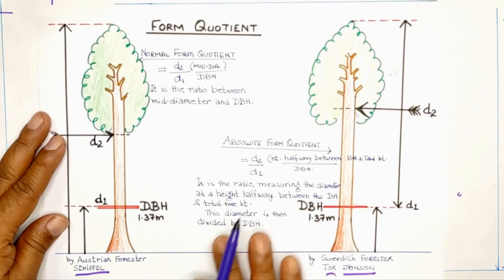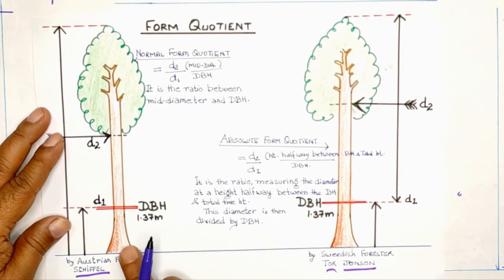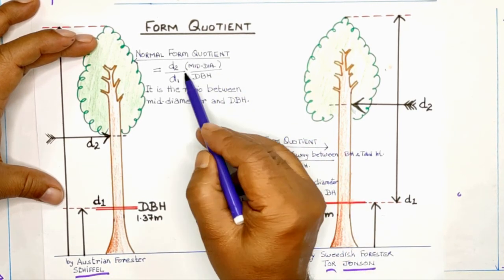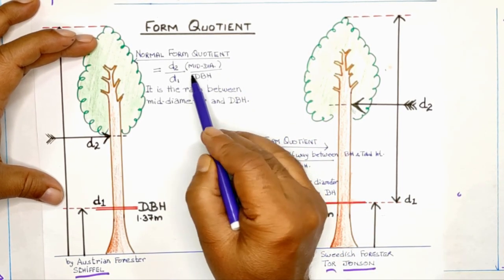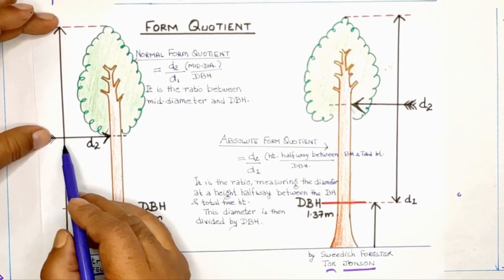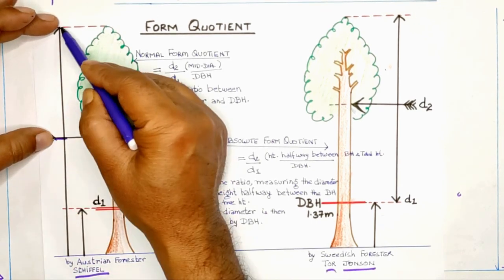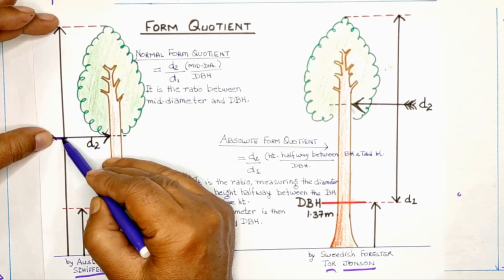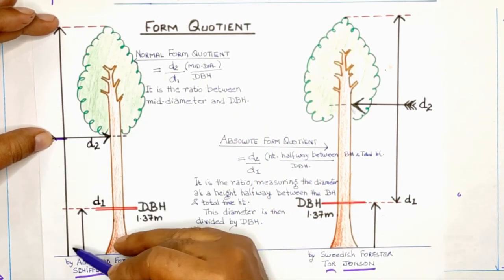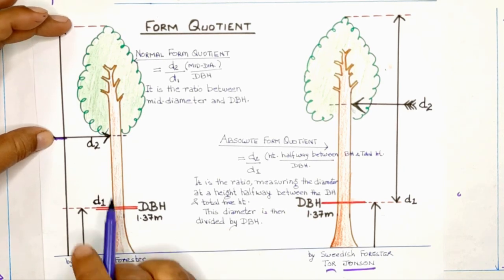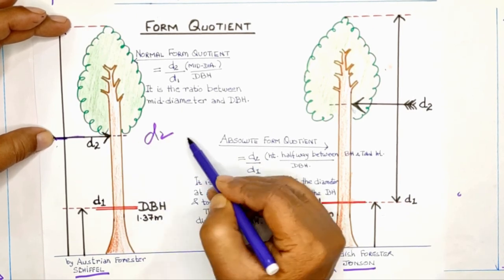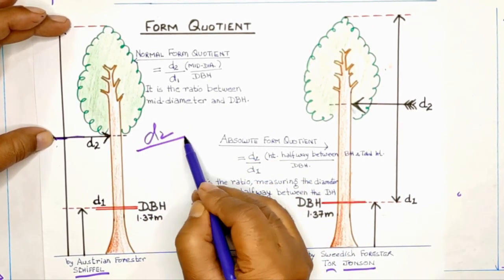So what does Schiffel say? If this is a full tree, he made the form quotient as the mid diameter divided by the diameter, but his mid diameter is taken from the entire length of the tree. We take it at 50% of the length. So as per Schiffel, the mid diameter is at half of the total height of the tree, somewhere here, so d squared somewhere here, divided by this DBH.